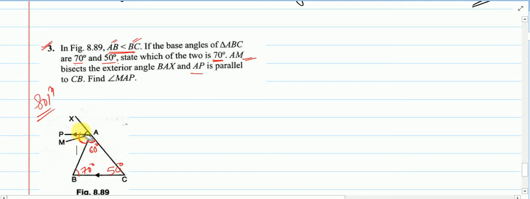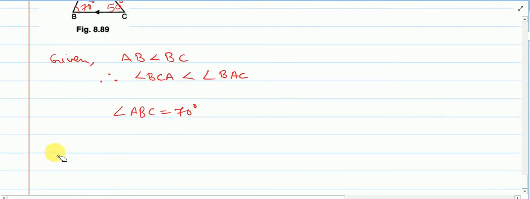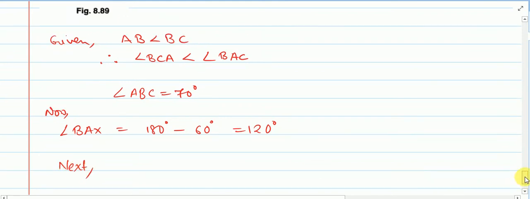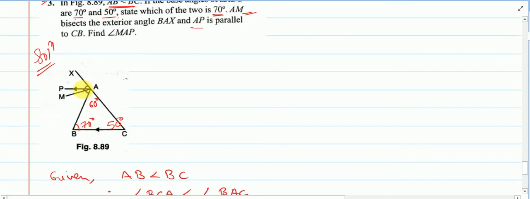So let me write it down. Now angle BAX is equal to 180 minus 60, that is 120. Next, this angle BAM has to be half of angle BAX.